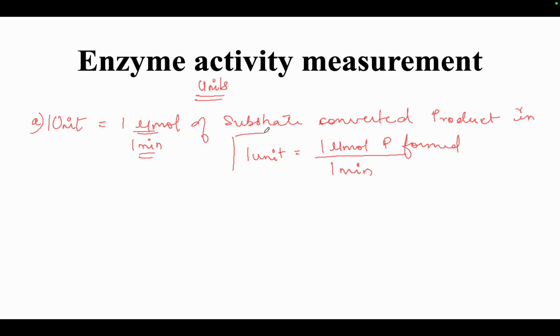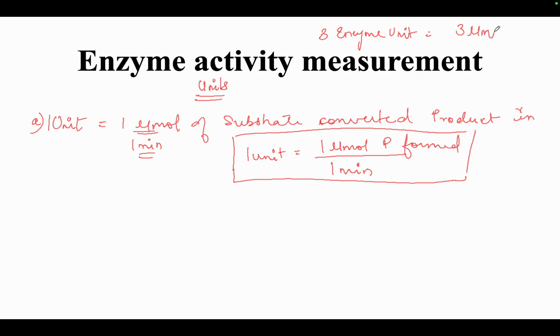This is the definition of units. So if I say 3 enzyme units, it means it is converting 3 micromole of product in 1 minute.